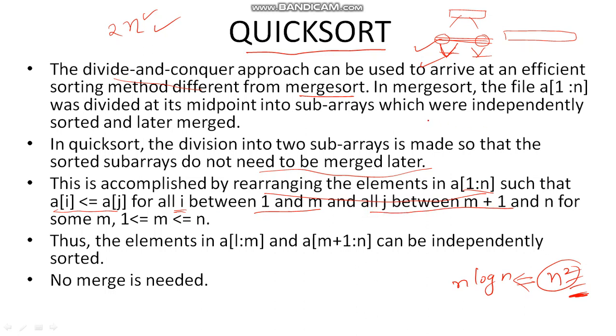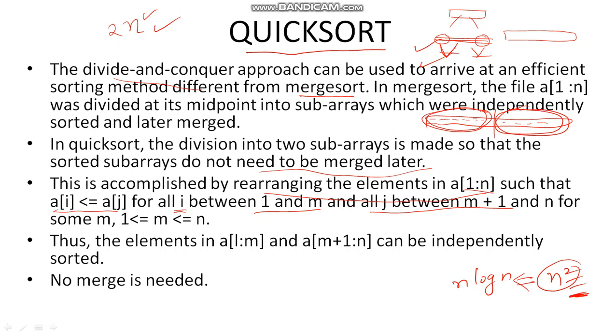So again I am going to divide this array into 2 subhalves, but whatever elements come in this subarray are always less than the elements in the second subarray. Initially I don't know whether in this subarray they are sorted or not, or in the second subarray, but I know that all the elements in this subarray are smaller than the elements in the second subarray.